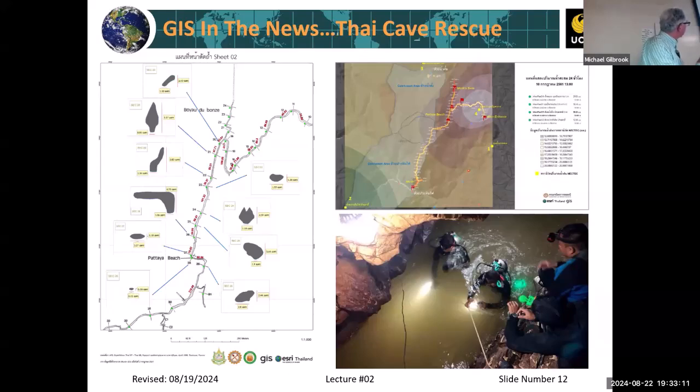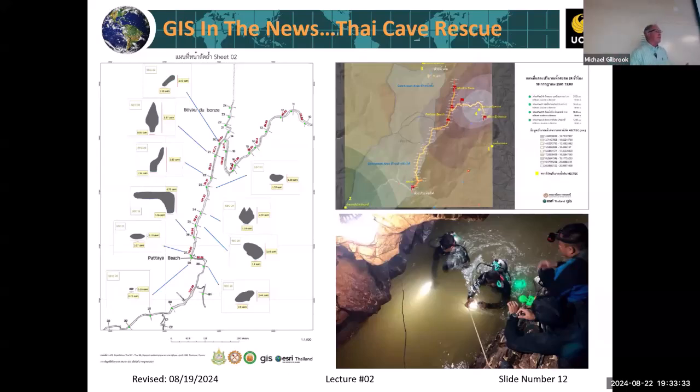You'll notice if you look closely at the map down here, that map was generated by Esri Thailand. It was generated by the people who make your software, and they have a local company there, the Esri Thailand branch, and they were volunteering their services to the rescue. All right, so there's GIS in real time.